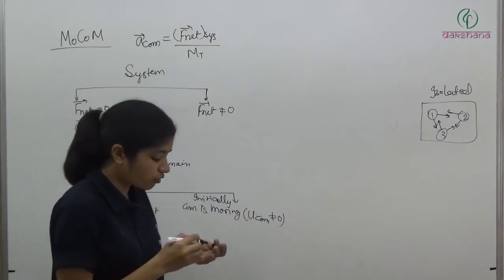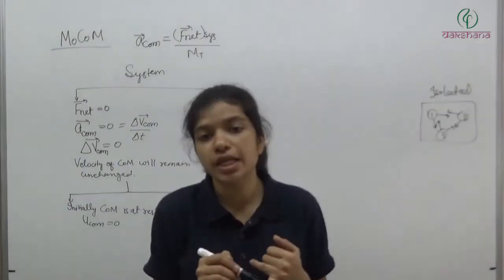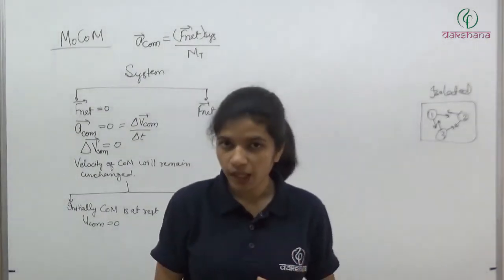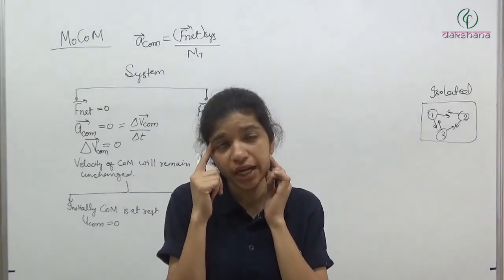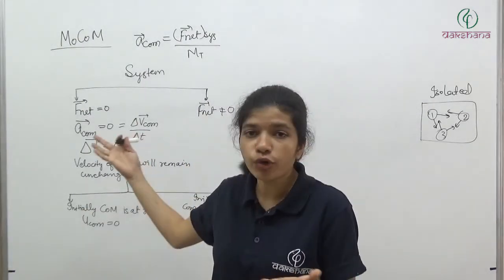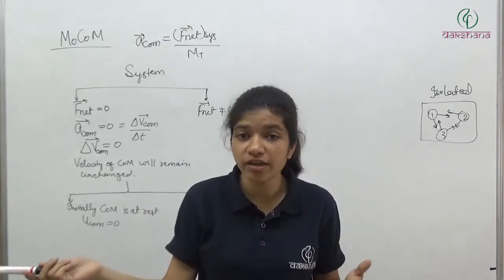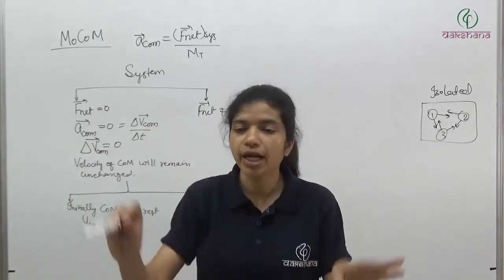So now we have two cases. If initially center of mass was at rest, its velocity is not going to change. It means it is not going to gain any velocity. It means it is going to remain at rest.